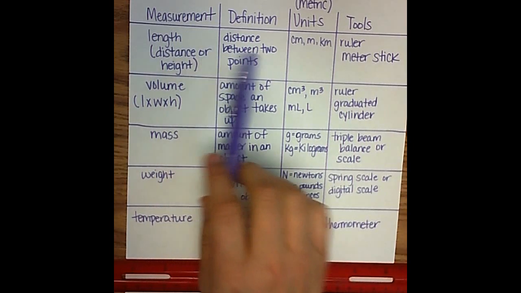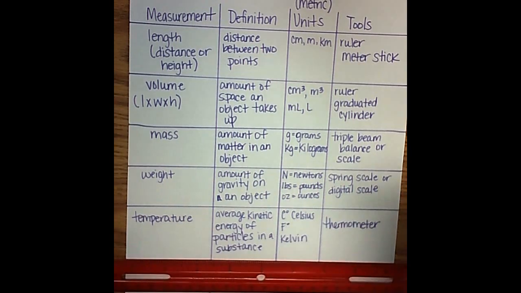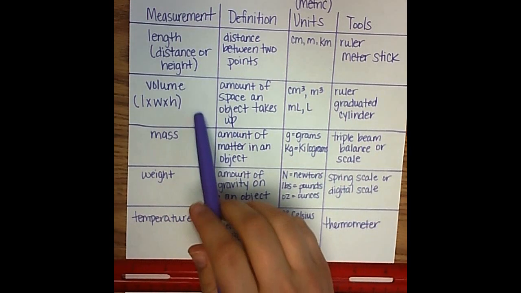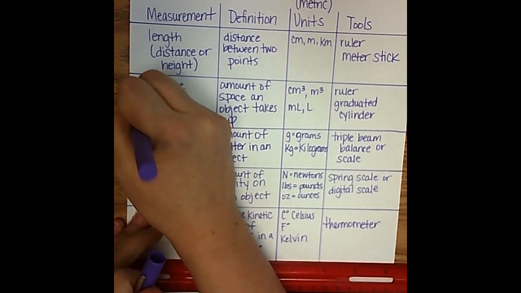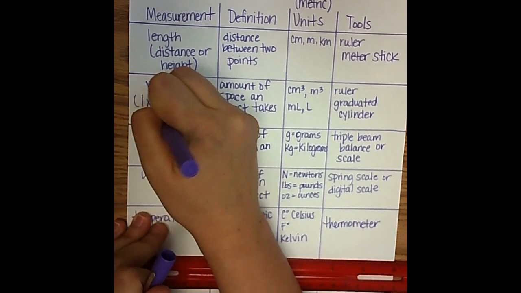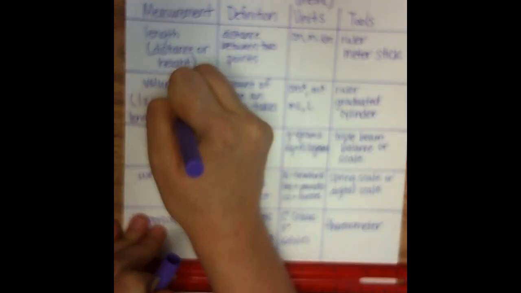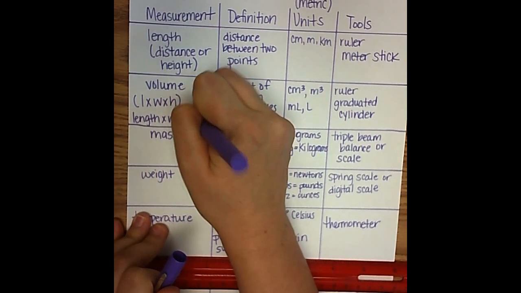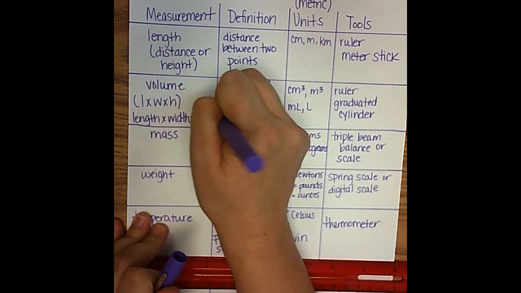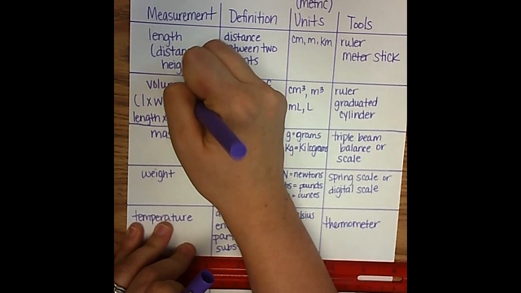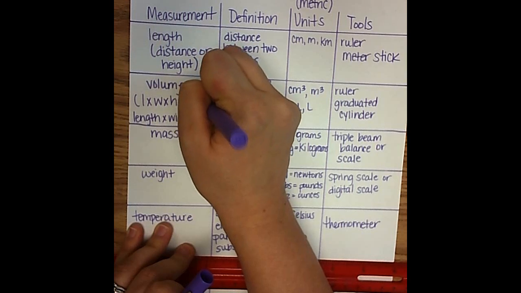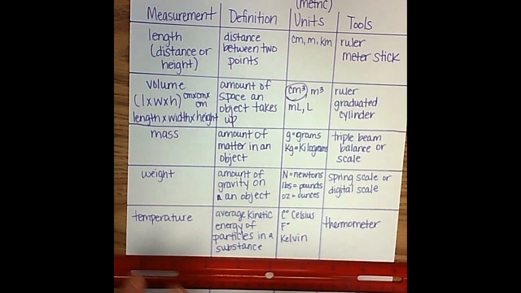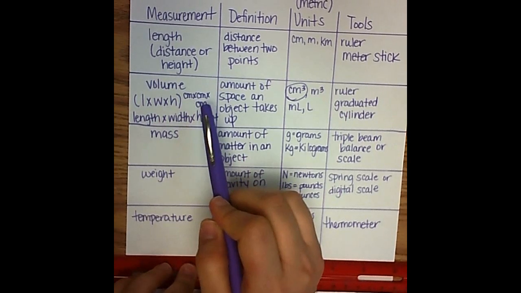So are you going to be measuring the distance, or maybe the length of something, or are you going to measure the volume, which is length times width times height? Okay, length times width times height. So that's where the centimeter times centimeter times centimeter comes in, and that's how you get this centimeter cubed, okay, because you've multiplied centimeters times centimeters times centimeters.